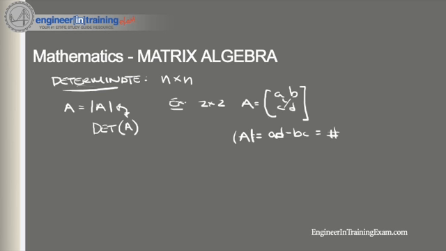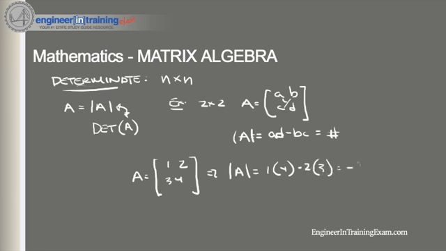Let's look at some real numbers. Let's say we have a matrix with the elements 1, 2, 3, 4. The determinant of A would be 1 times 4 minus 2 times 3, and that equals -2.